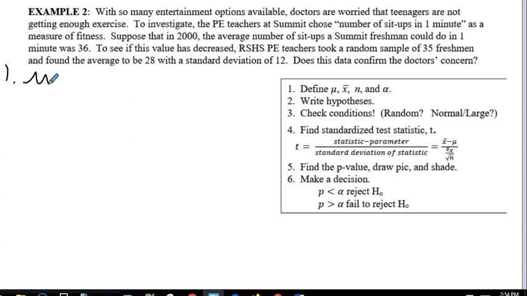Does this data confirm the concern? So, what's my mu? My mu is the true mean number of sit-ups freshmen can do in 1 minute.